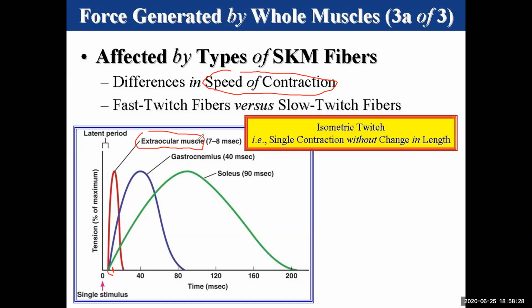And then the same concept applies to the gastrocnemius, which is the calf muscle, located posteriorly in your leg. The calf muscle takes slightly longer to get to maximum tension. You can clearly see that's slower than the extraocular. And finally, if we apply the same concept all the way to here, that's the soleus.